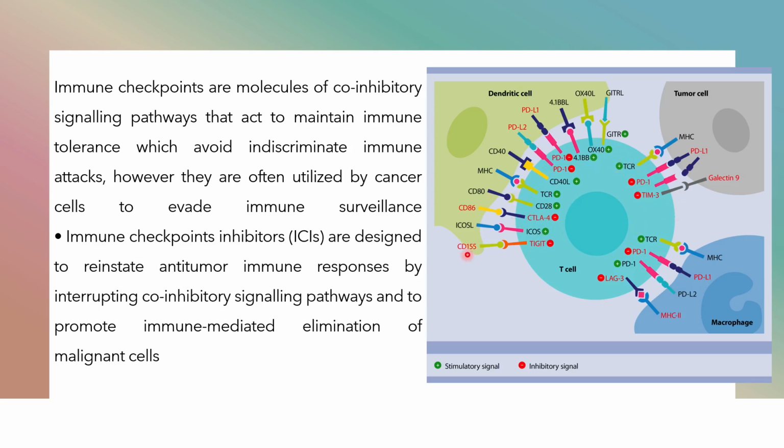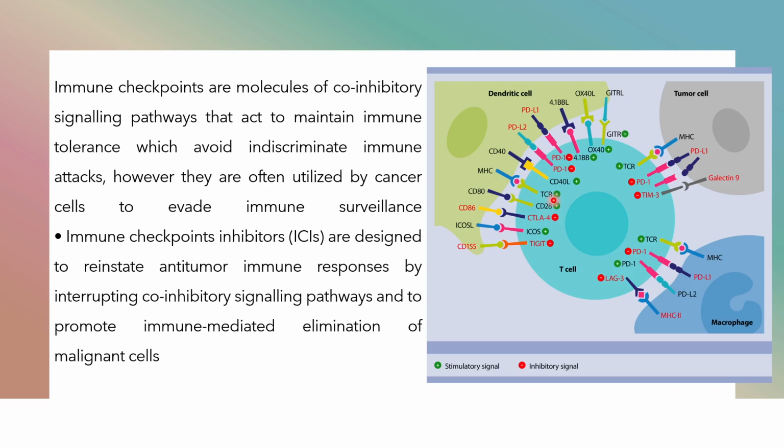Okay. So immune checkpoints are molecules of co-inhibitory signaling pathways that act to maintain immune tolerance. So what is the meaning of co-inhibitory signaling? This is called co-inhibition. Fine. Inhibiting each other, that act to maintain immune tolerance which avoids indiscriminate immune attacks.